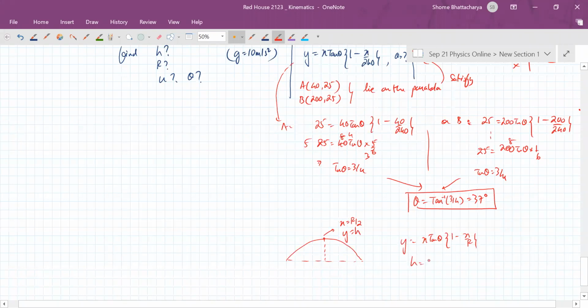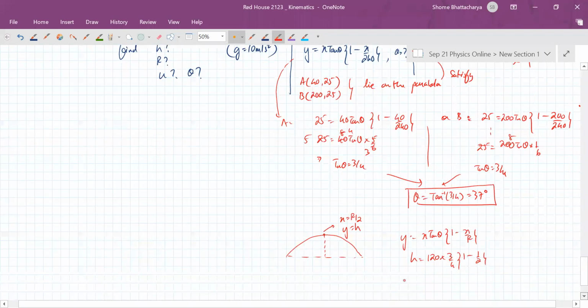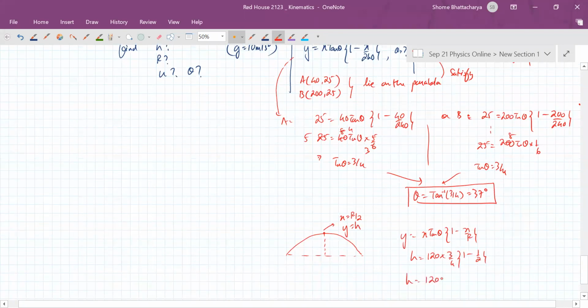H is equal to, now r by 2 is 120 and tan theta is 3 by 4. So your maximum height will become 120 into 3 by 4 into 1 by 2. So 45 meters is becoming our maximum height.